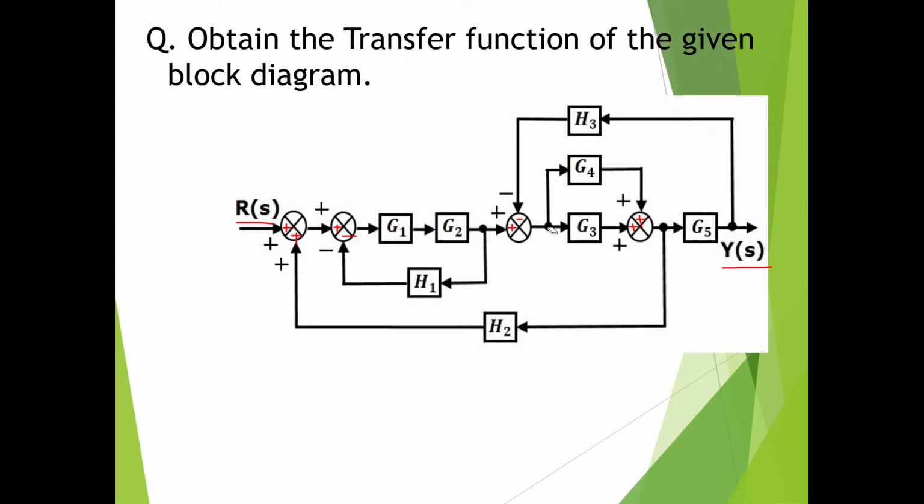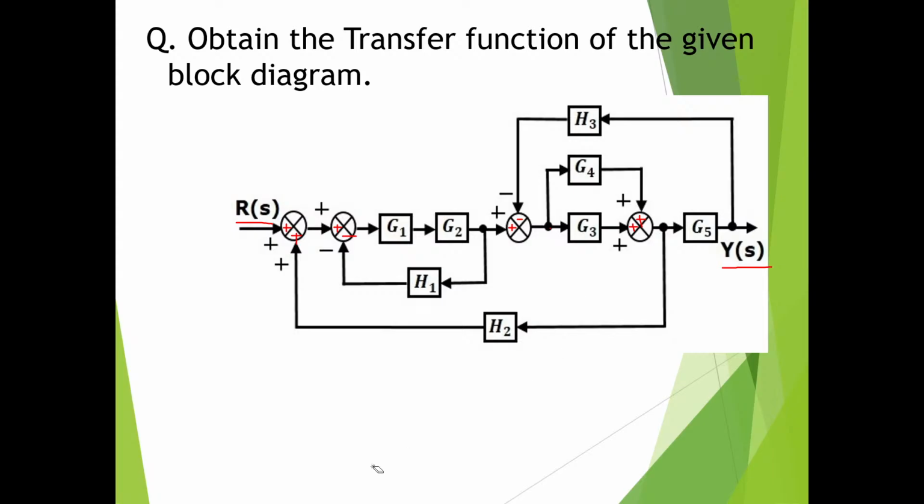Signals behind them have started from a common point, and after them they end at a common point. Two signals have started from this branch point. One signal is moving towards G4, one towards G3. Ahead of G4, that same signal continues and ends at the summing point. Ahead of G3, the same signal continues and ends at the summing point.